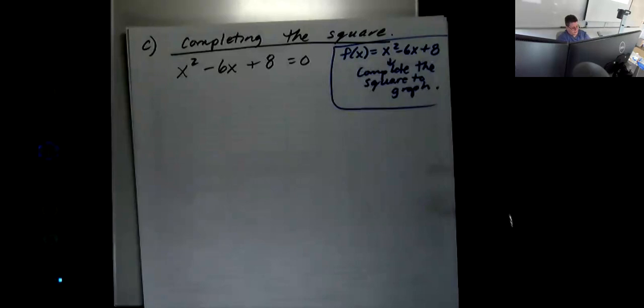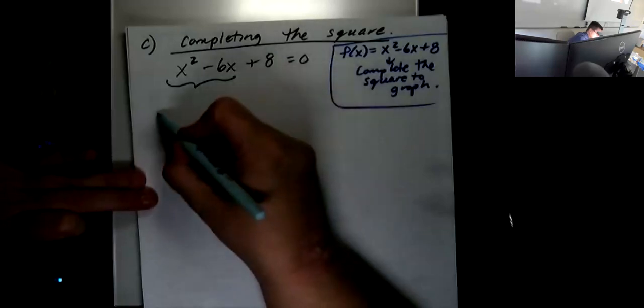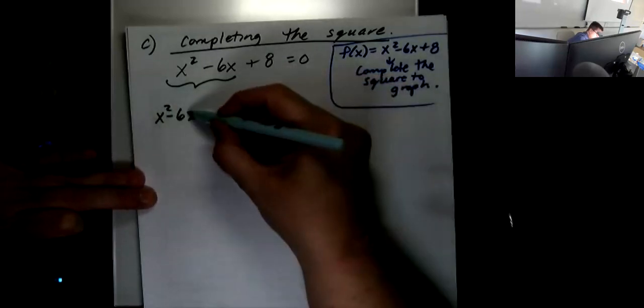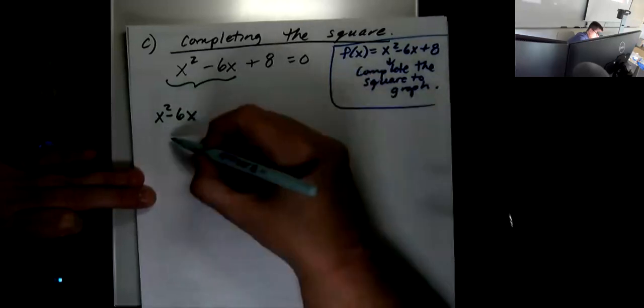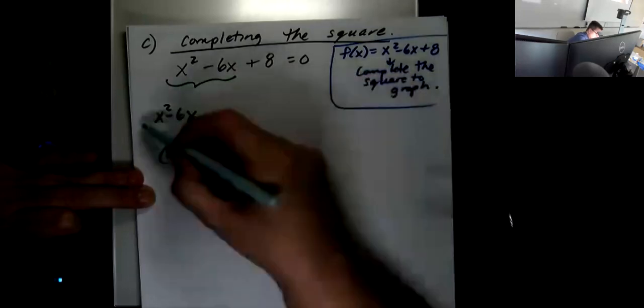The idea behind completing the square is, let's take this part, and we want to make this a perfect square. We want to turn this into x plus something, squared. That's the goal.